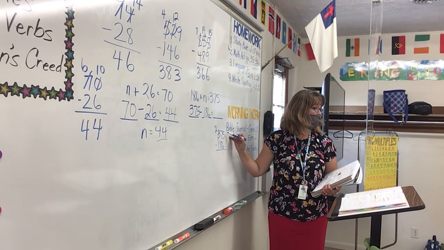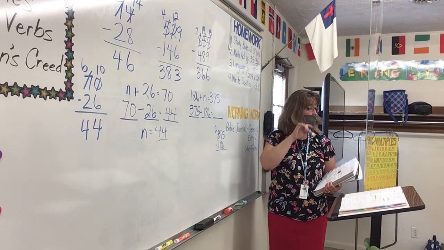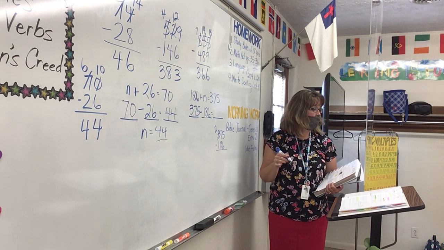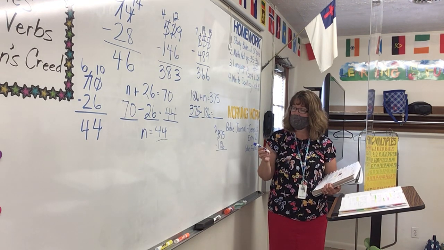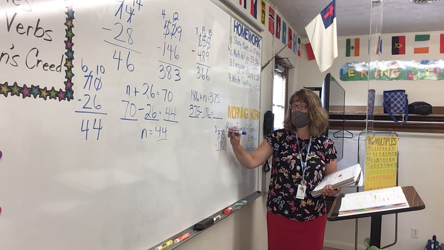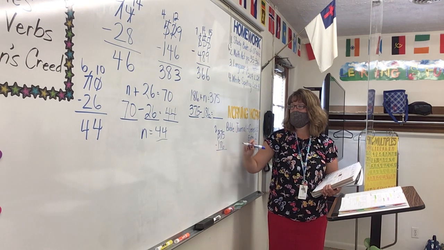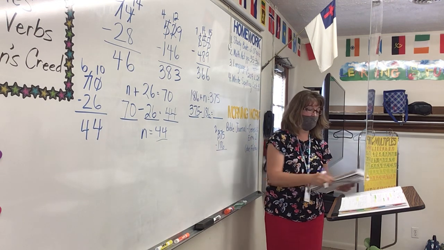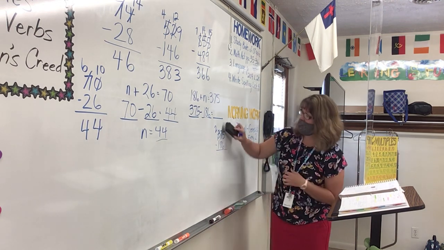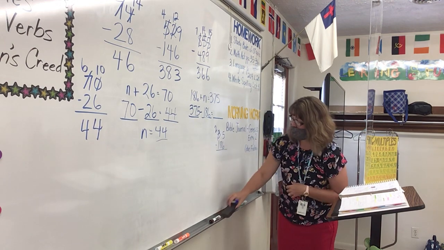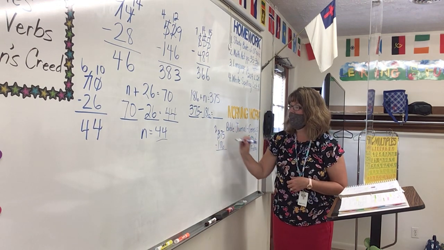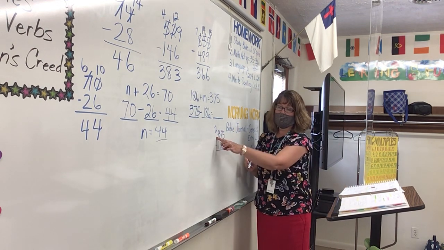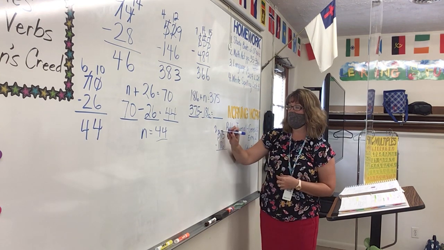And then you still don't have enough in the ones, so you cross out the 16 and make it a 15, and then add the 1 to the 5. Oh, I see. So what you did, you take 1 from the hundreds and put it in front of the 7.